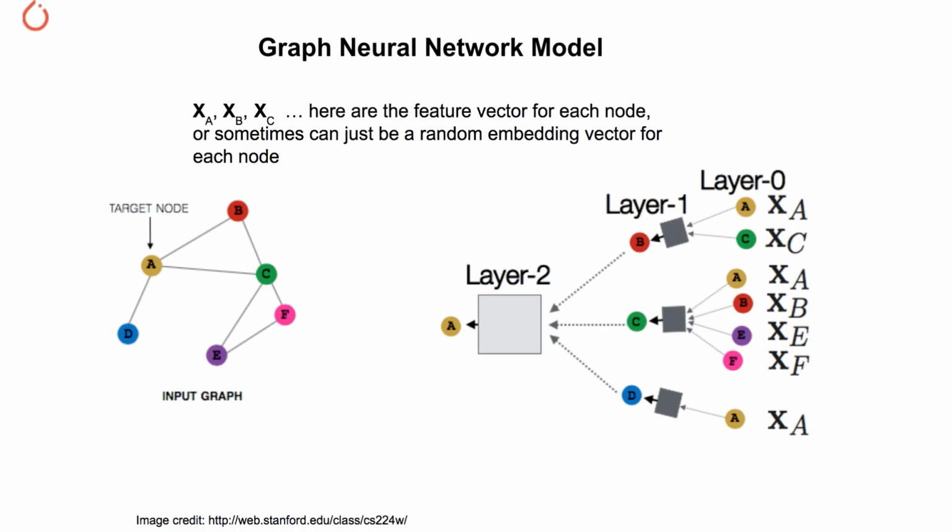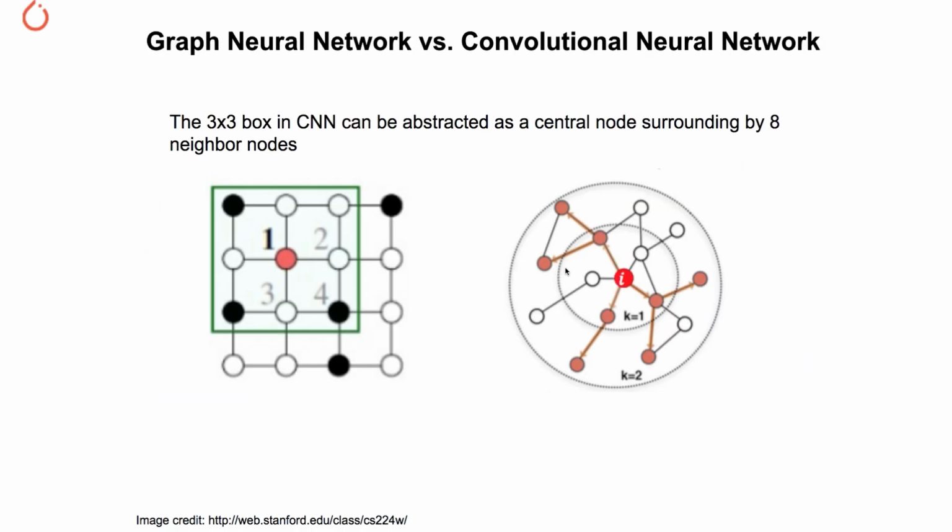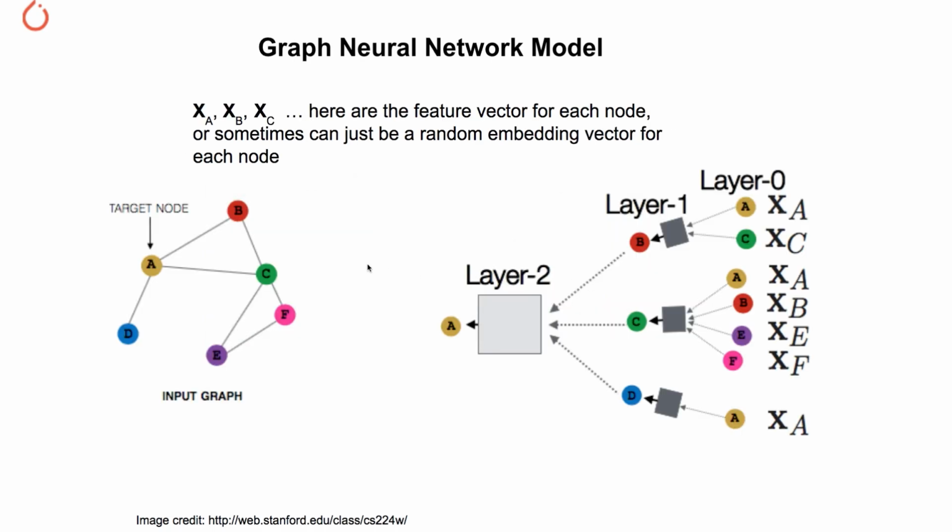So given that, how do we design a generalized model for graph neural network? Given this input graph, we have a target node A. If you do this kind of finding neighbors and aggregating, and you expand that, then you have a computational graph that looks like this.